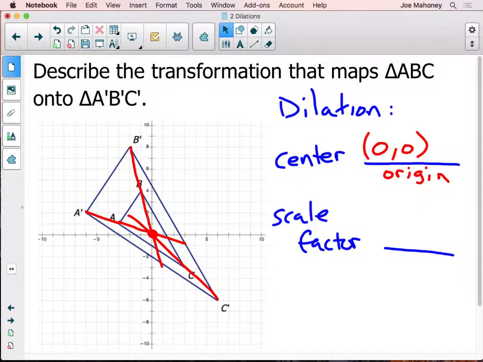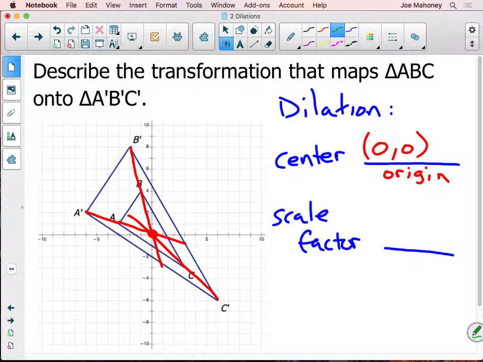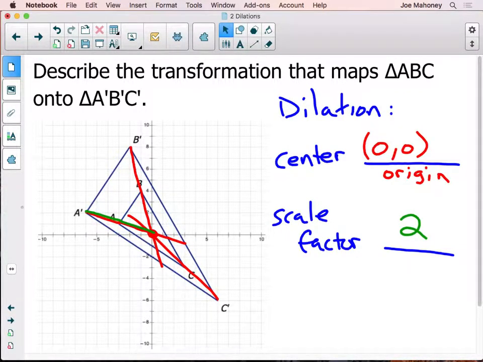To go from the origin to point A, it looks like we went left 3 and up 1. Well, if we do another left 3 and up 1, we get to A prime. So we've done 2 left 3 and up 1s. So our scale factor is 2. So if you're given a figure and its image, use this process to determine the scale factor and the center of the dilation.